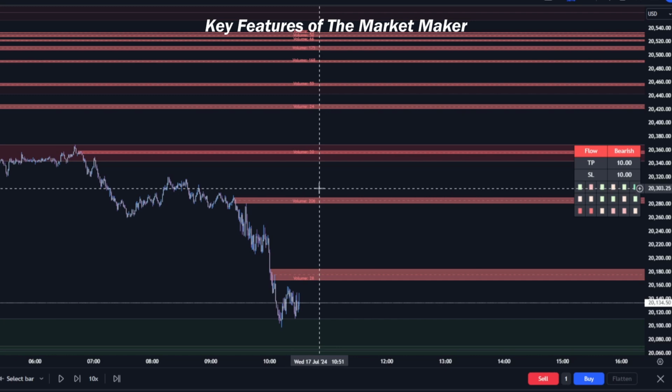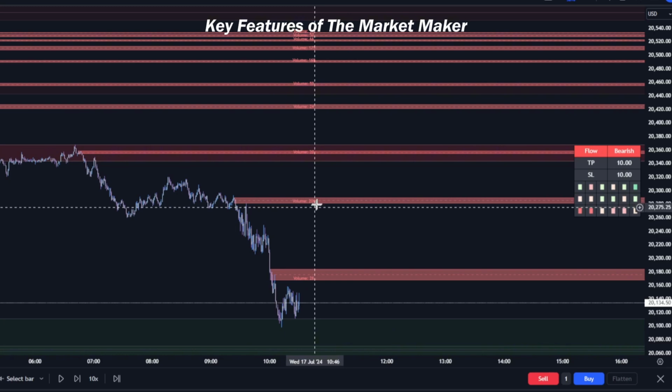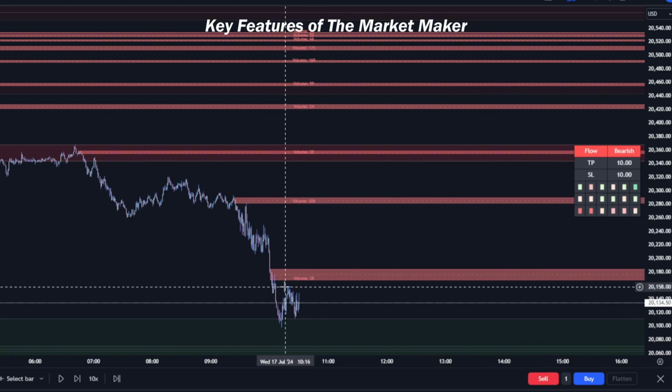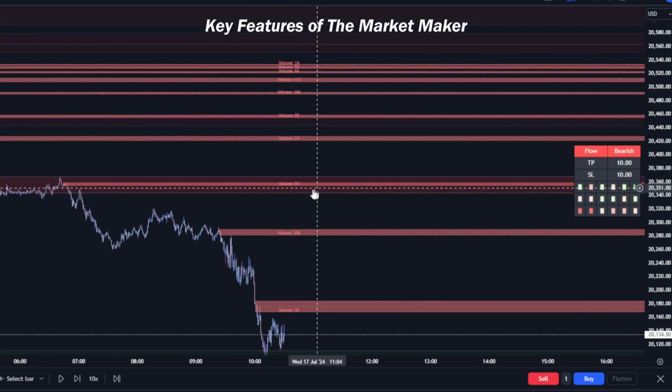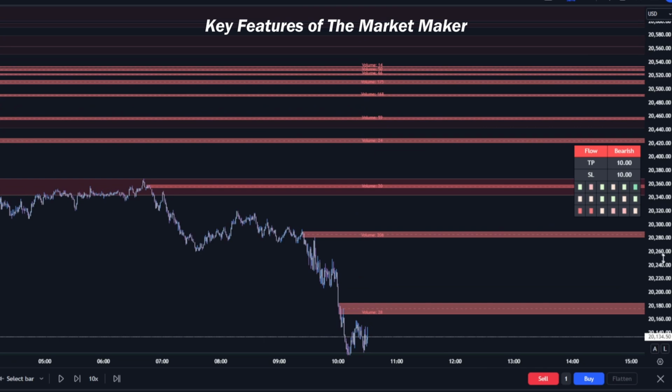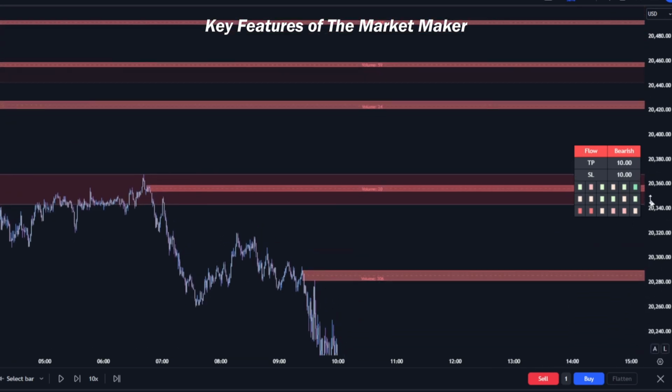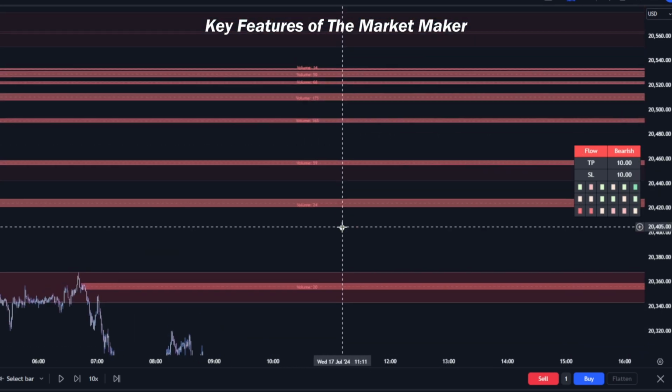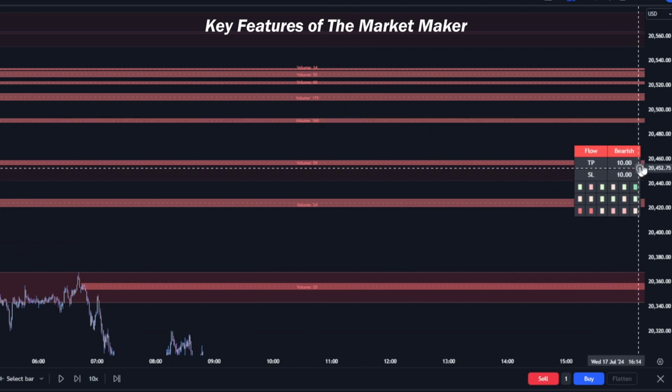The last part that I'll go over is the volume values. As you can see here, it's going to be giving you a number. I'm still trying to refine this. This is the best I could get it, working with the developers, but basically the higher the number, obviously the stronger the zone is.